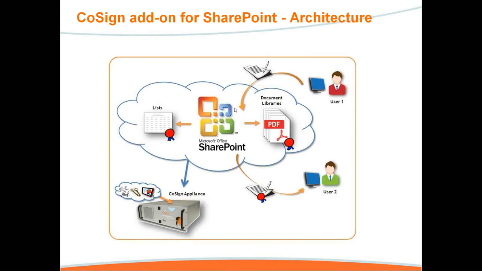All right, so let's take a look at the architecture of our add-on. You can see SharePoint in the middle, and on one hand there are document libraries and on the other hand lists, and we provide the ability to sign documents and lists, as I mentioned before. Then you have the two users, and these two users represent a workflow.